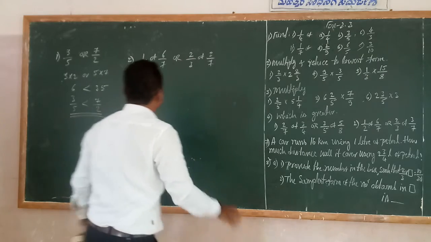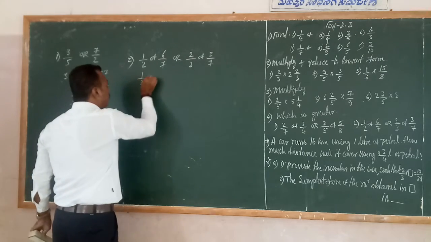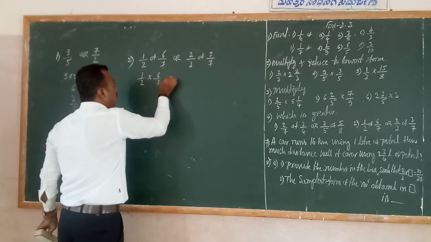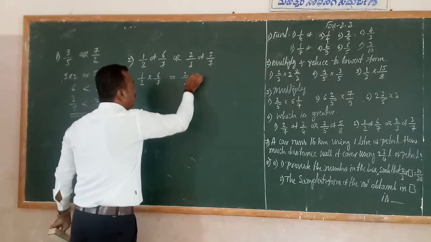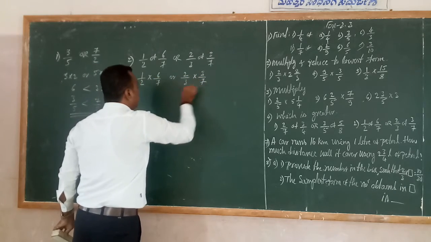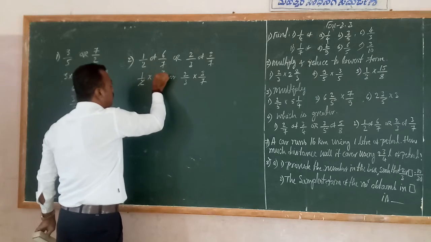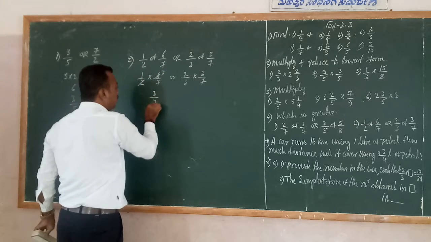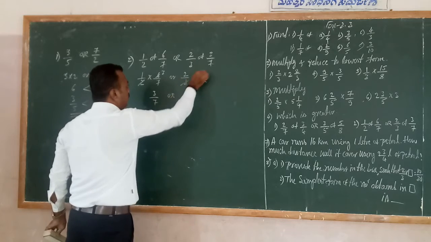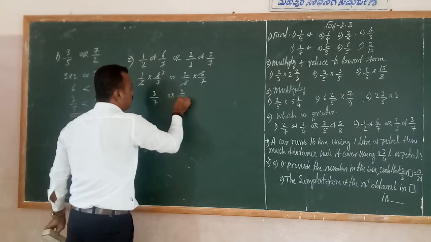Is it right? Yes. See students, 1 by 2 into 6 by 7, or 2 by 3 into 3 by 7. 2 1s are 2, 3s are 3 into 1, 3 by 7, or 3 3 get cancelled. The value is 2 by 7.